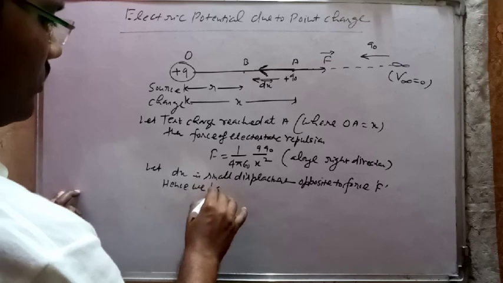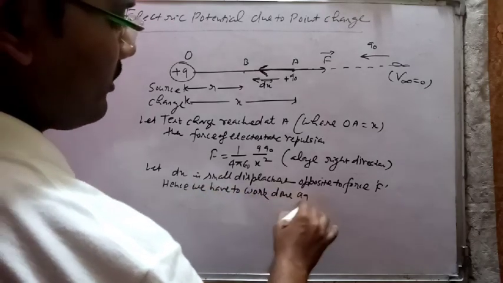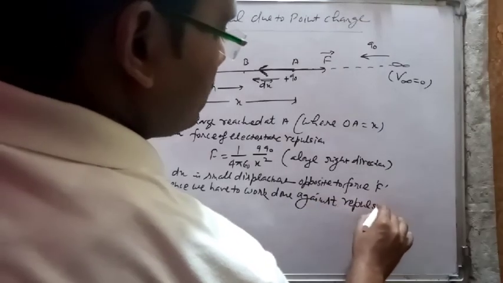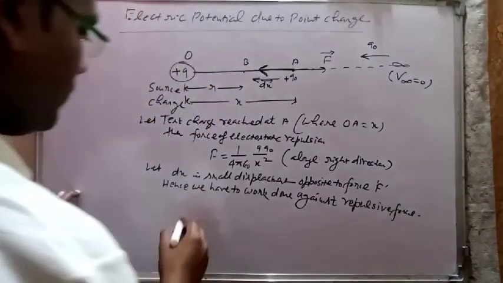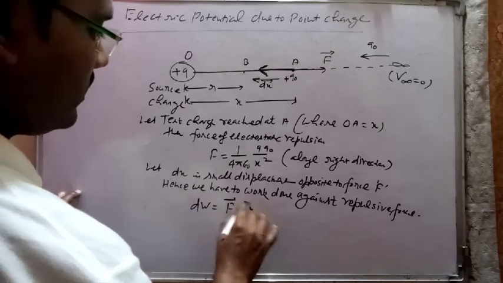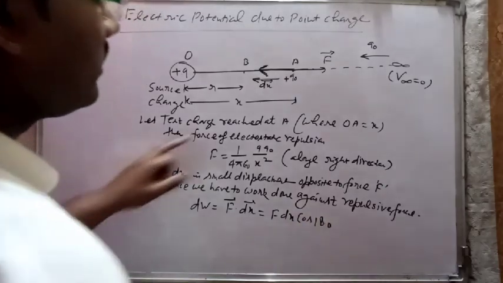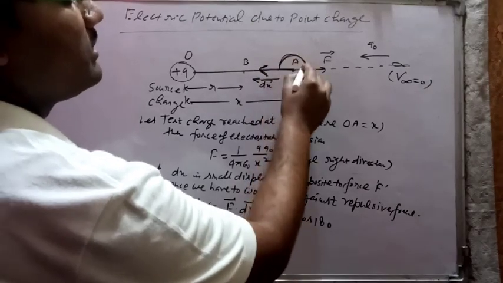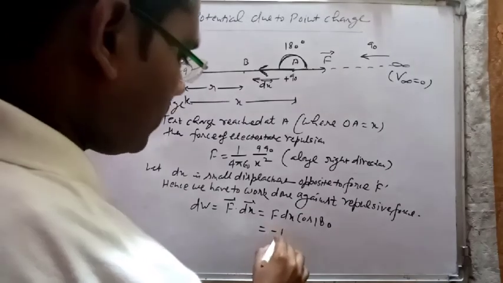Hence we have to do work against the repulsive force. This one is dW equal to F dot dx. Now F dx cos 180, because force and dx are opposite, that means this angle is 180 degrees. So dW is minus F dx.